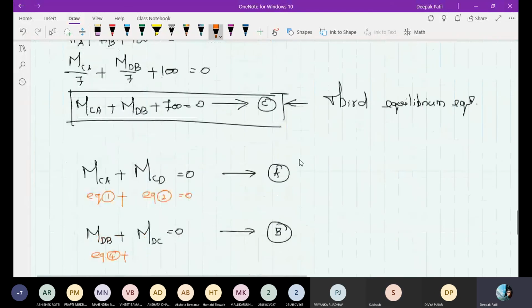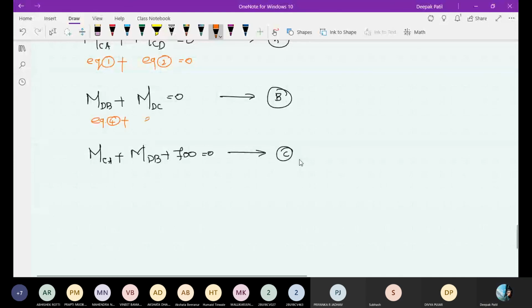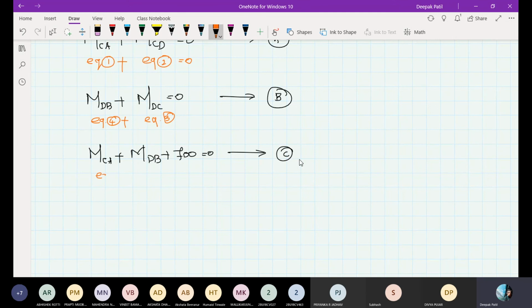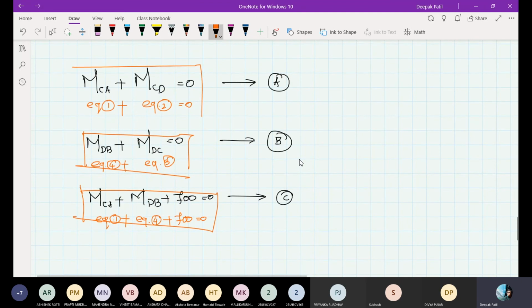In the third equation, MCA is equation number 1 and MDB is equation number 4, plus 700 equal to 0. With these you will get equations.